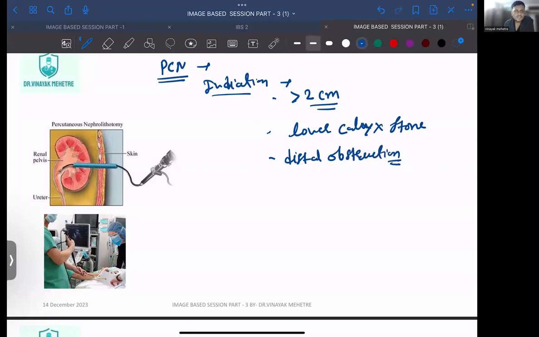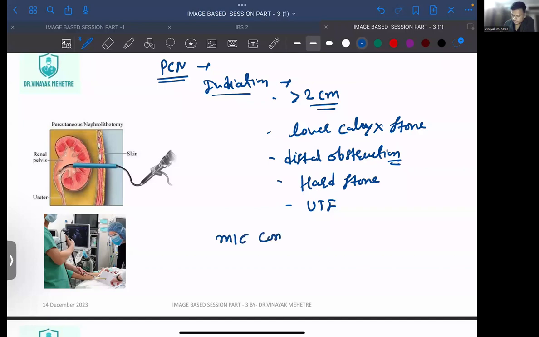Okay, percutaneous nephrolithotomy. In short, we are going to insert a probe, right? Okay, distal obstruction. Then come hard stones. Patient is with UTI. Patient is with UTI. These are the indications for PCNL.